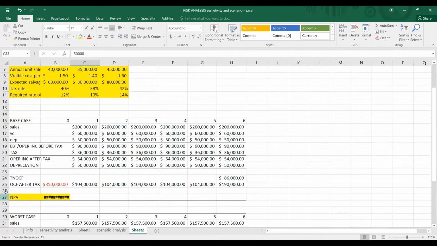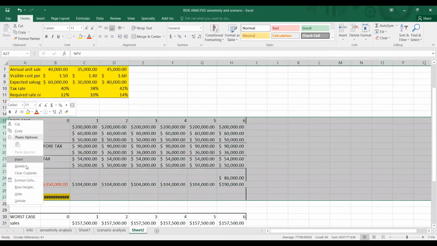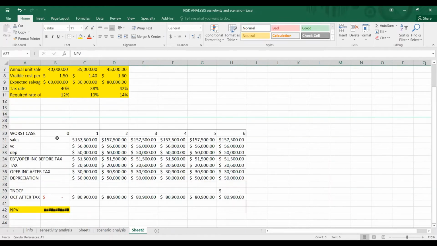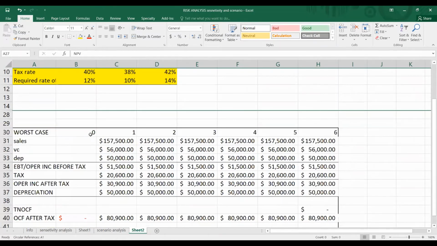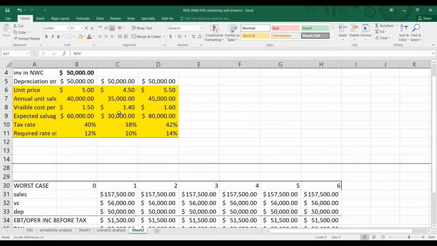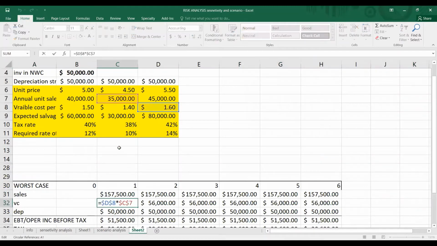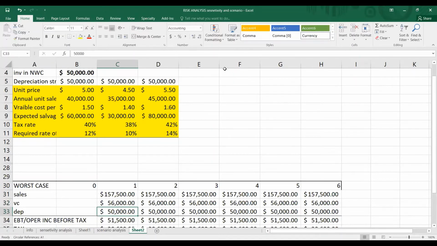Let me just hide this one because we don't need the base now. Annual unit sales. Yes. Why are we taking the highest cost? Because in the worst scenario, we overestimate the cost and underestimate the profit. Does it make sense?